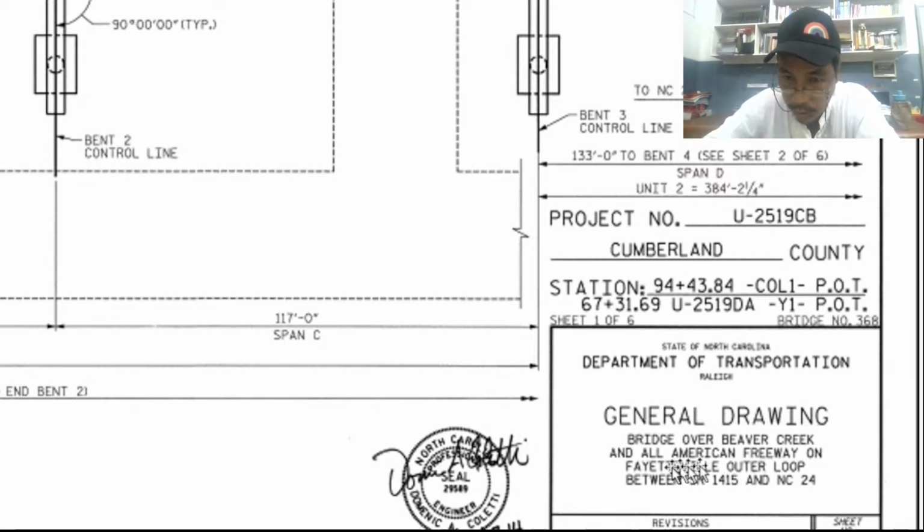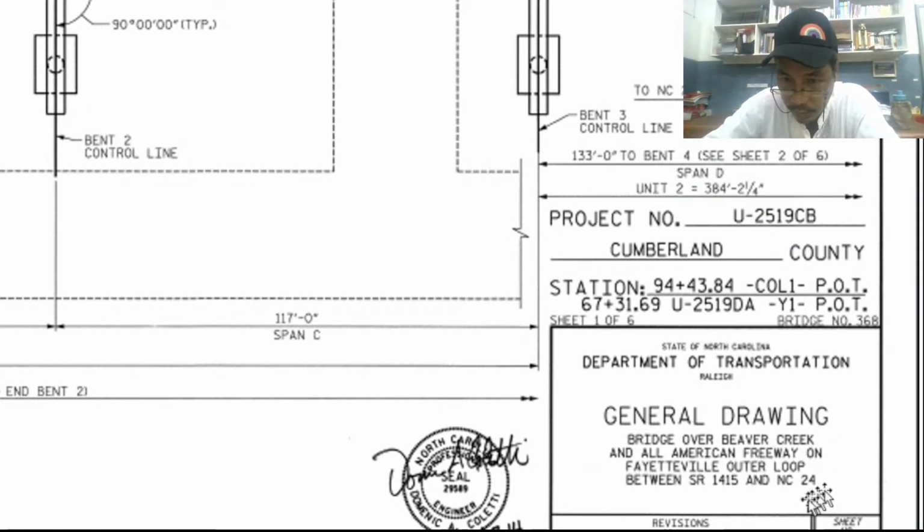So general drawing, bridge over Beaver Creek. Beaver Creek is the name of the river, or the body of water. Then freeway, the name of the freeway. Fayetteville Outer Loop is the name of the area.